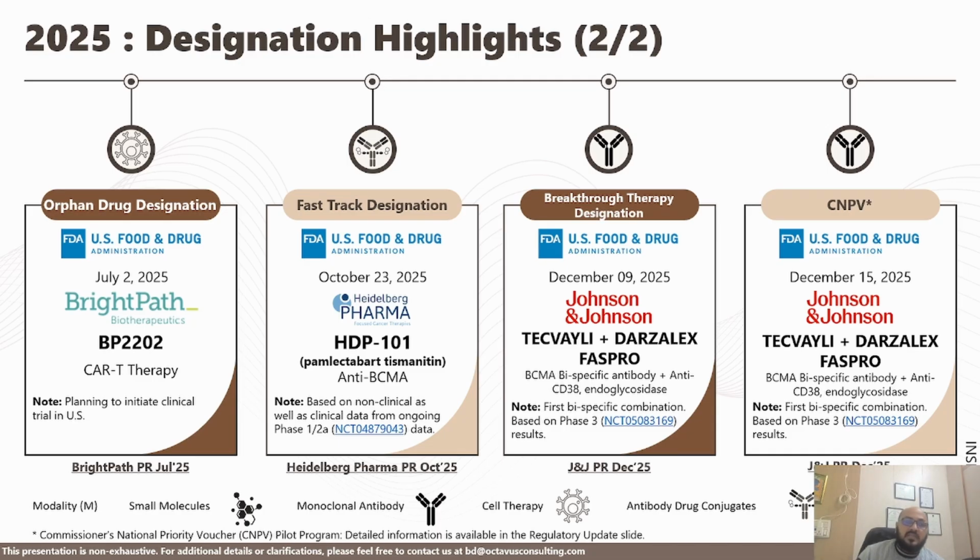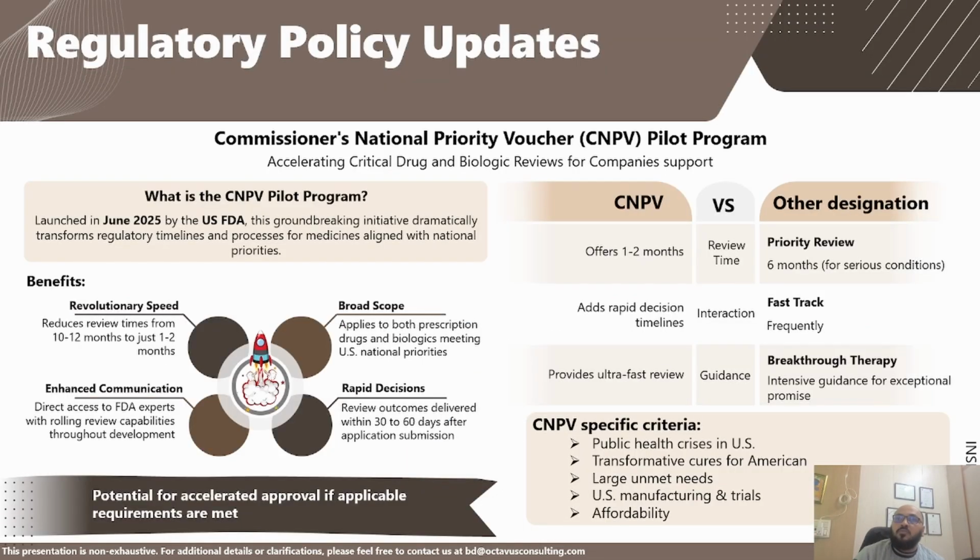This is a recent pathway which has been introduced by the US government, basically. So this regulatory policy, very recently introduced by the US federal FDA, is the Commissioner's National Priority Voucher, or CNPV.